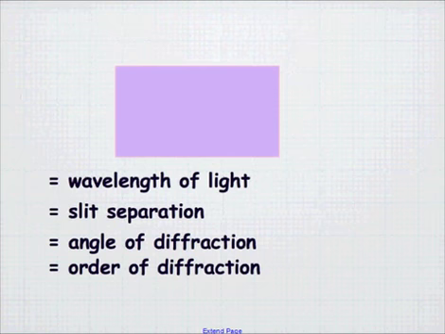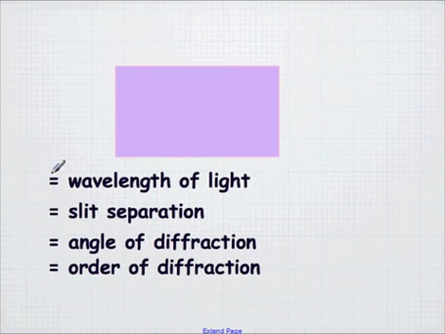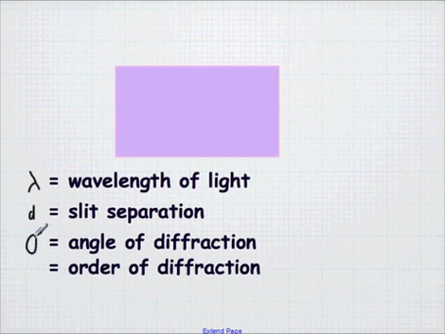Okay. Now, so after you've done all that, what's the wavelength for light? Well, it's always lambda. Slit separation, in this case it's D. Angle of diffraction, so this is the angle from the central, remember the straight fringe, or just one that you want to choose.